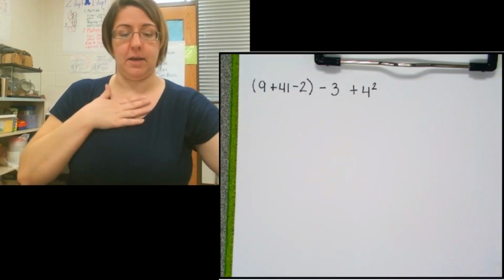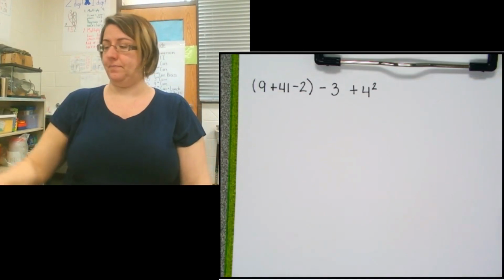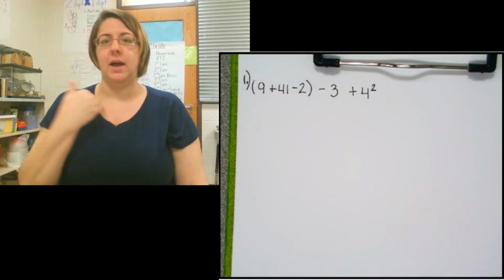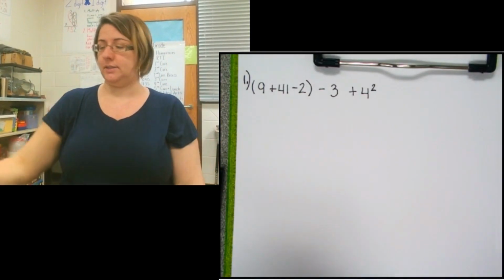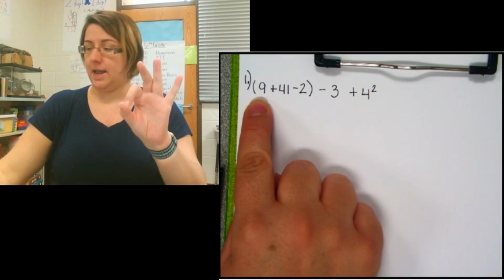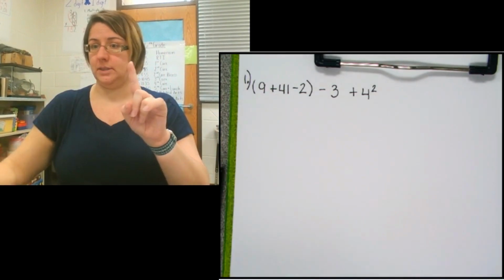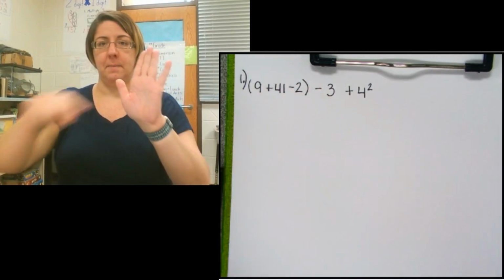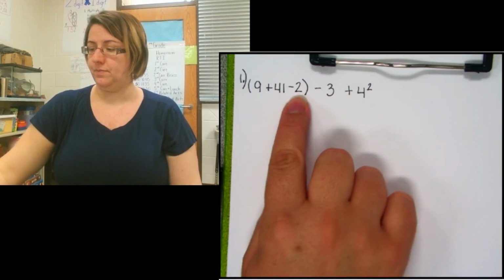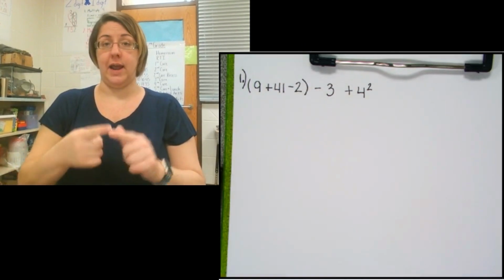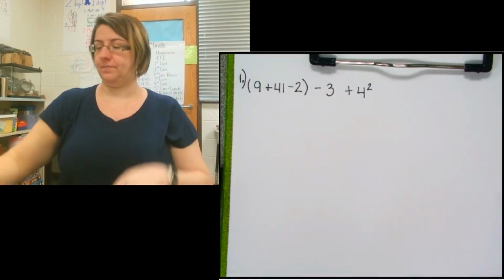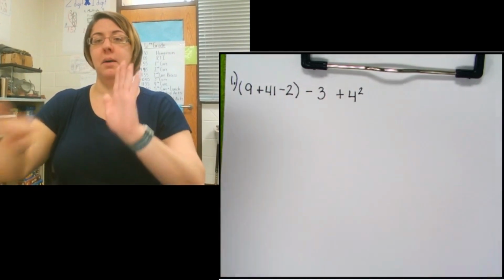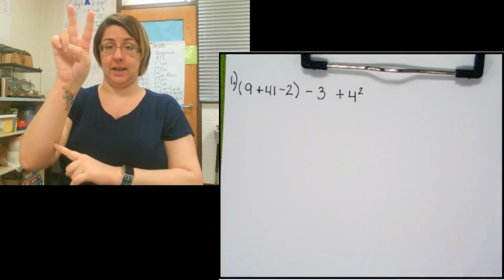Okay, so let's look at my number one. I have in parentheses 9 plus 41 minus 2, and then our parentheses closes, and then minus 3 plus 4 to the second power.